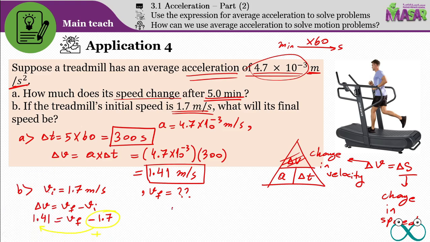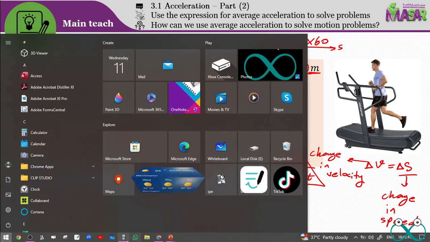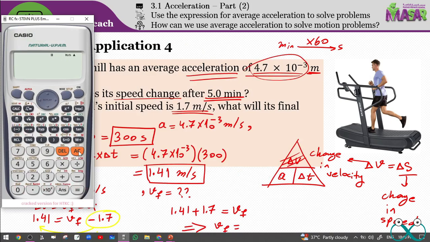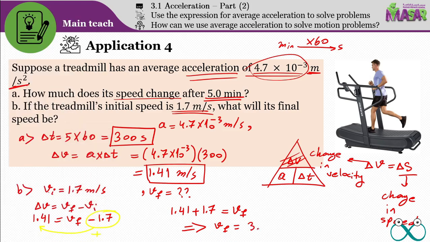So 1.41 plus 1.7 is equal V final. By adding these numbers together, I will get the value of the final velocity. So let me find out. So the final velocity is 3.11. What will be the unit? Meter per second.